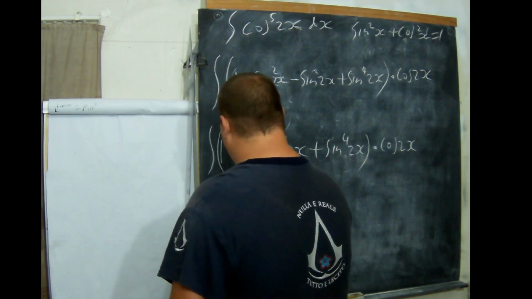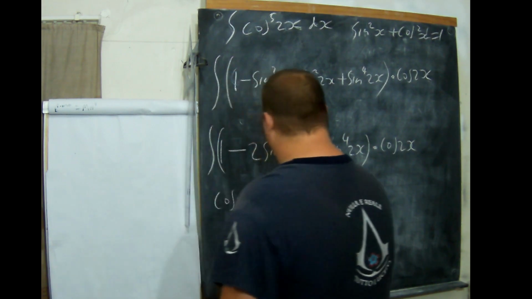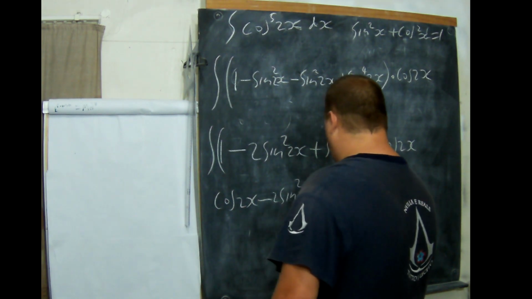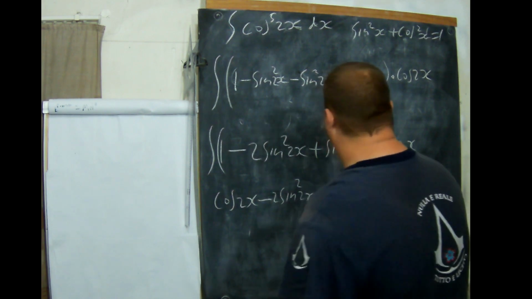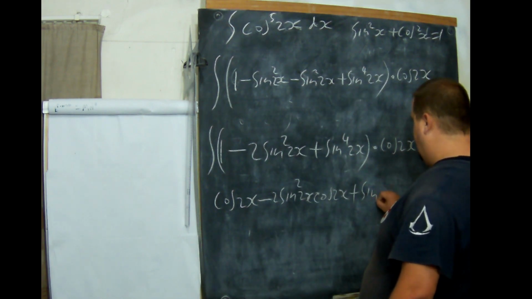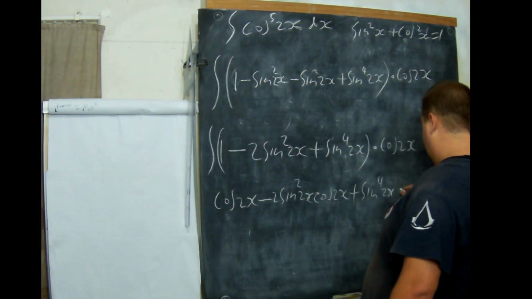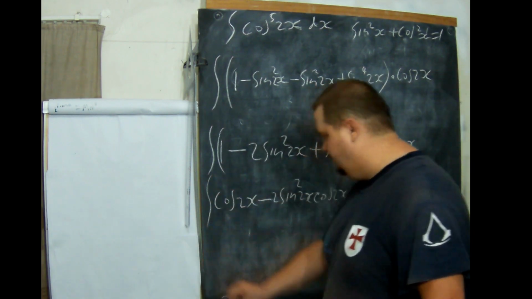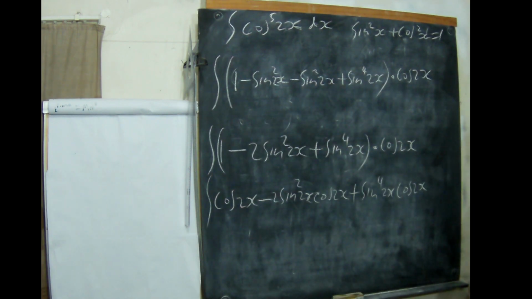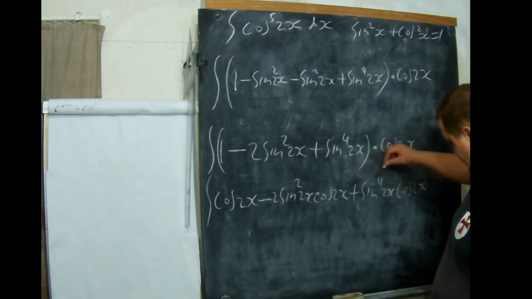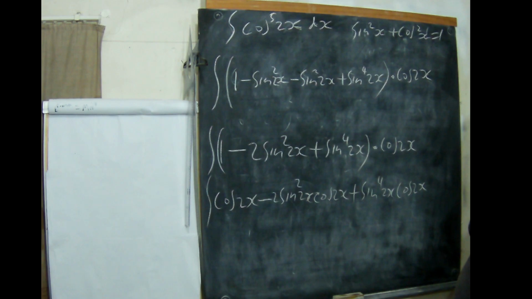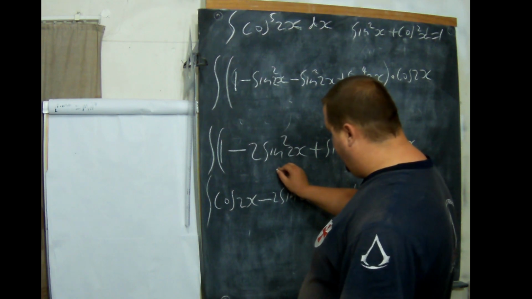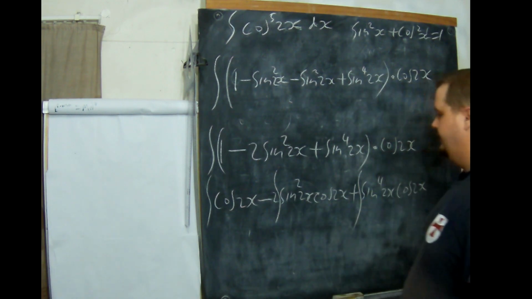So cos 2x minus 2 sine squared 2x cos 2x plus sine to the fourth 2x times cos 2x, the integral of. Wherever you see a plus or a minus, that is where you put your integral sign.